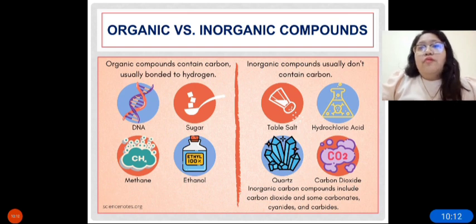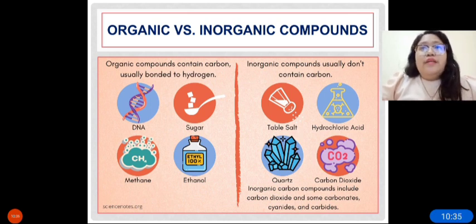Next, we have organic versus inorganic compounds. On the one side, we have organic compounds, and these contain carbon, usually bonded to hydrogen. Examples include DNA, sugar, methane, and ethanol. They are pretty much the stuff that's fundamental to life as we know it.